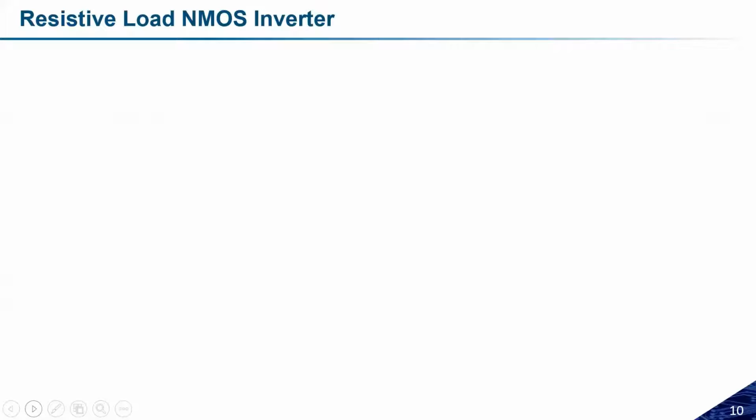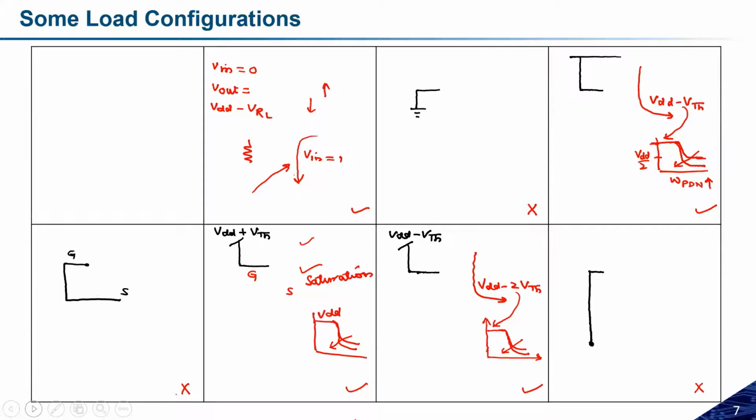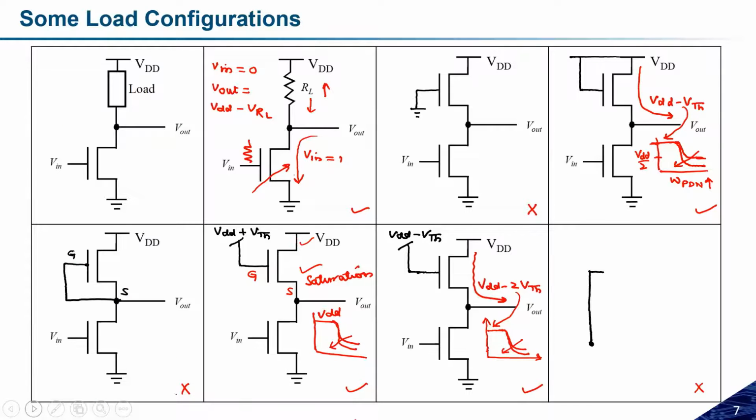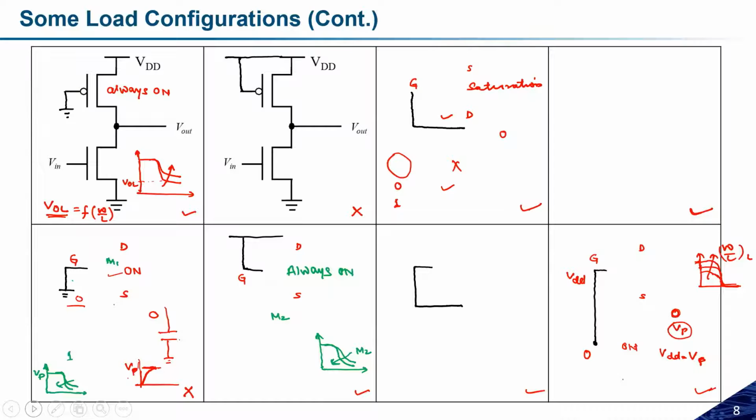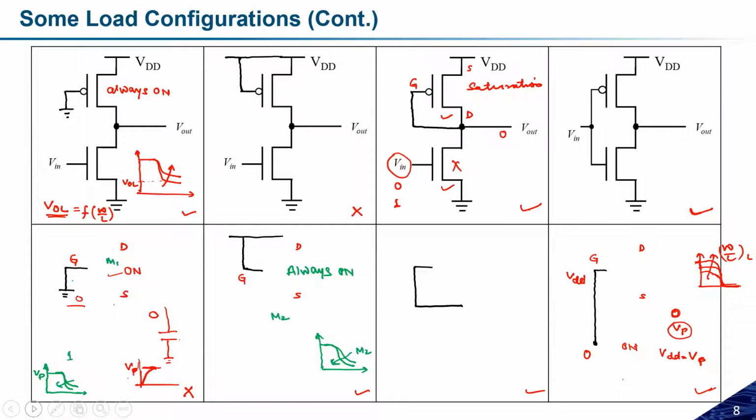Now let us talk about the resistive load NMOS inverter, its behavior and characteristics in detail. If you go back to these slides, we discussed the different kinds of configurations which act as an inverter or do not act as an inverter.